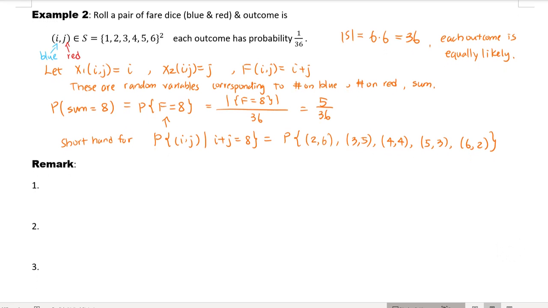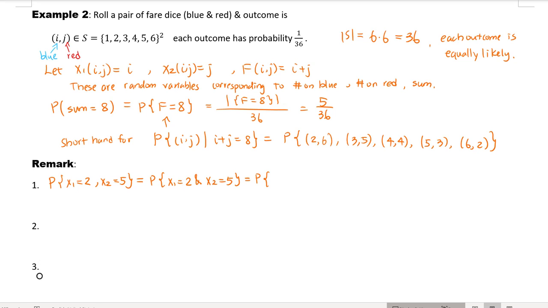Okay, so we mark. P of x1 equals 2, x2 equals 5 is the same as P of x1 equals 2 and x2 equals 5. I just want to show you more different ways of writing the same thing.